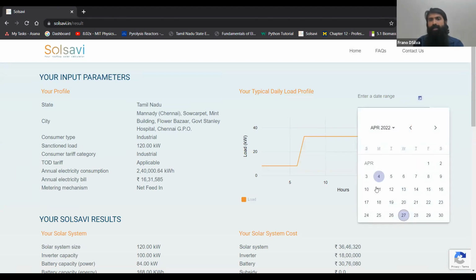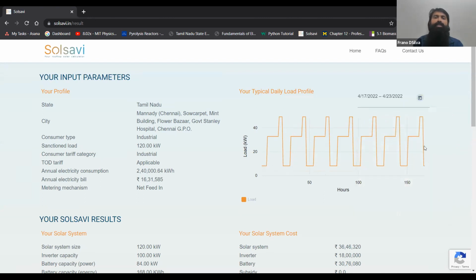We could also select a period of 1 week to display the range of values over the week. Hence, this graph could be used to see the difference between day-to-day load profiles.